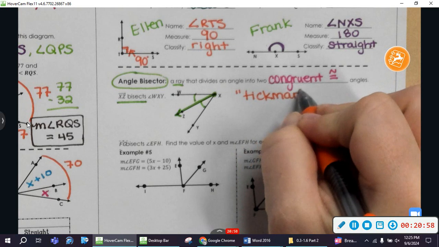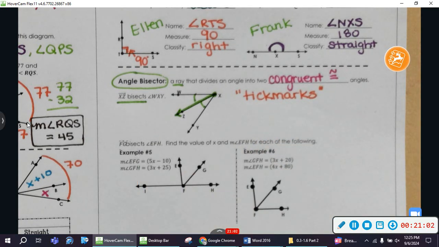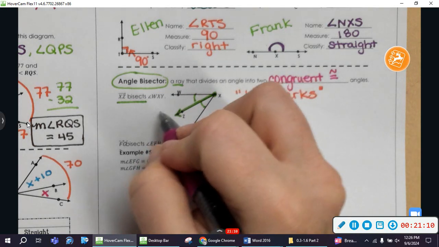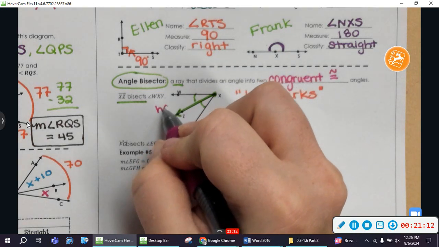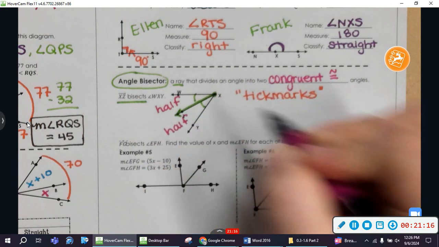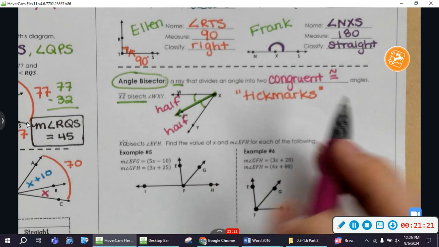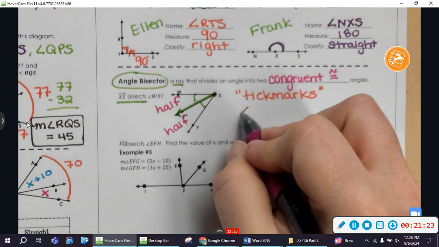So anytime you see the word bisect, you definitely should add your tick marks, because that is telling you that this side is exactly half and half.